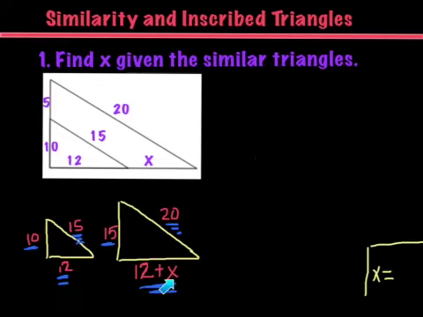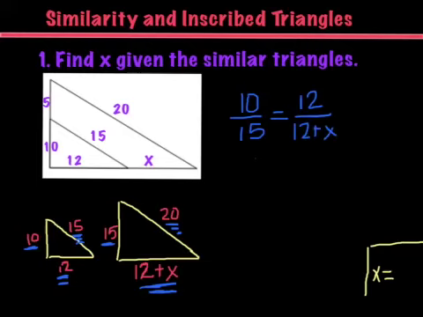So let me set up my proportion. 10 goes with 15, and 12 goes with 12 plus x. Okay, now we just have to cross multiply and solve for x.